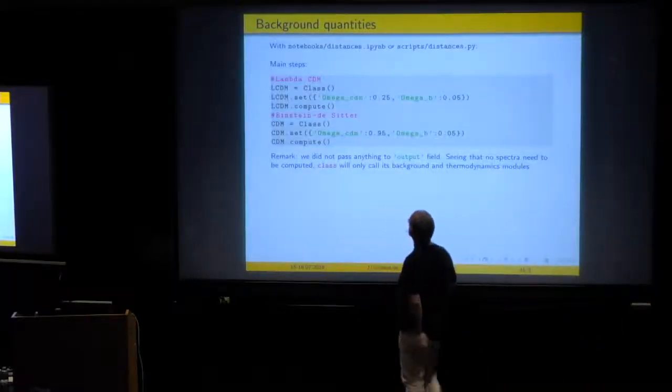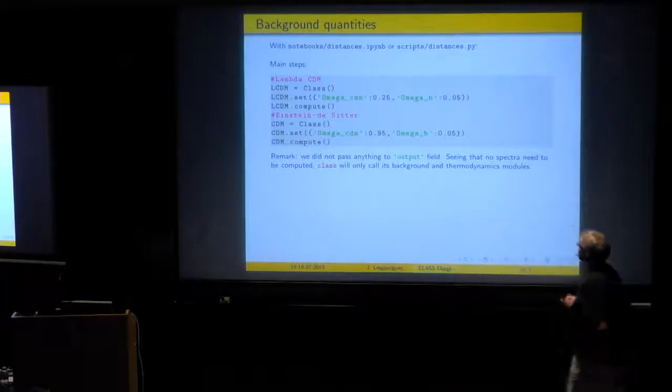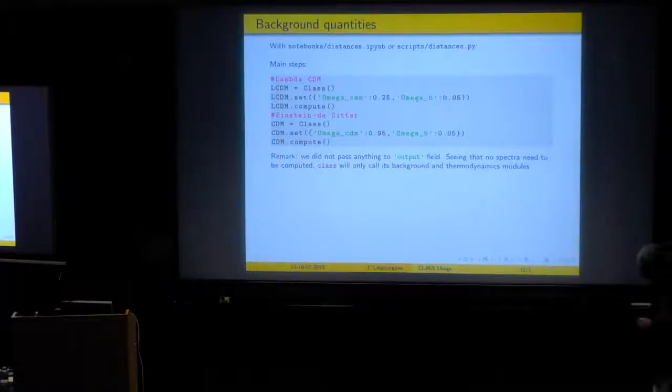The trick is that, by the way, it's in distances.py. The trick is that class also stores the background and the thermodynamics variables. You can extract them after running class compute. So here we create an instance of class called LCDM for lambda CDM.